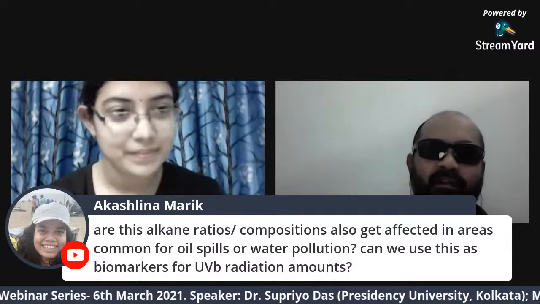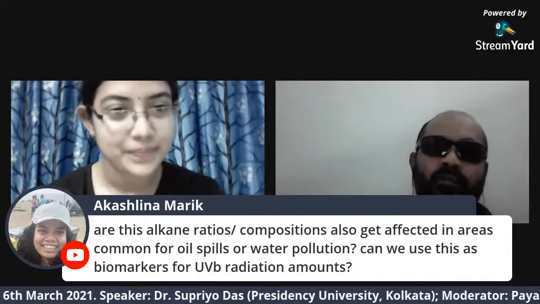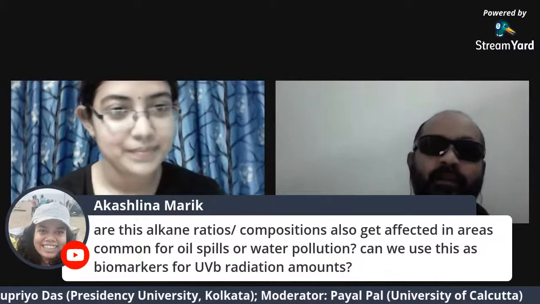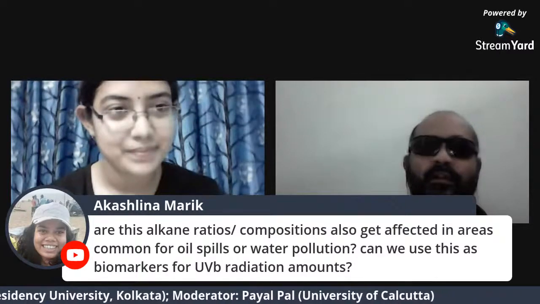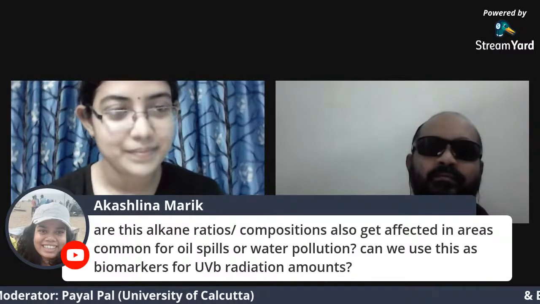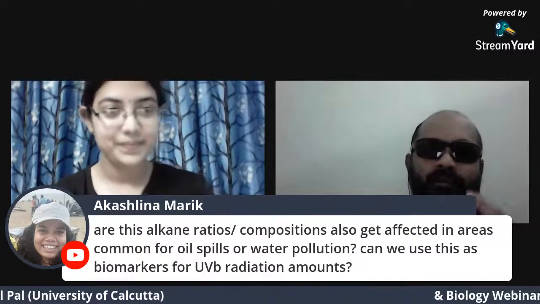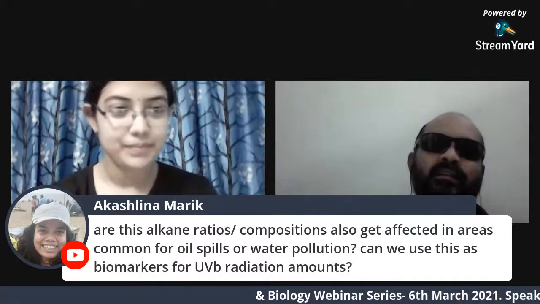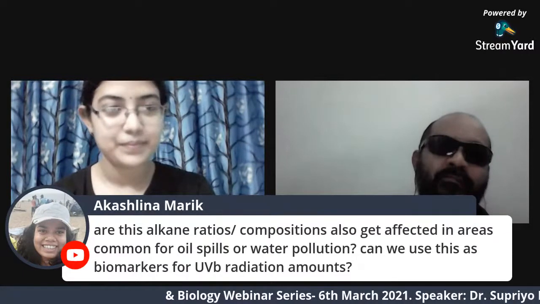In a geological archive. So for that, you need to know other conditions that can alter the alkane compounds. That's what I said. In natural conditions, there are a lot of influences that can alter alkanes. Alkanes are very common, and they can be degraded very easily.